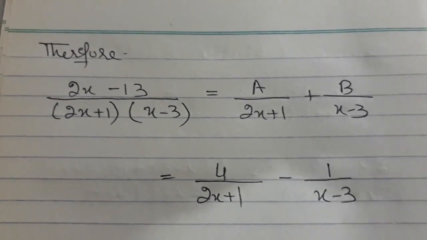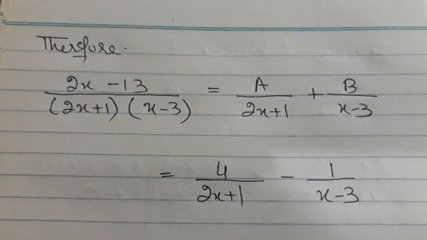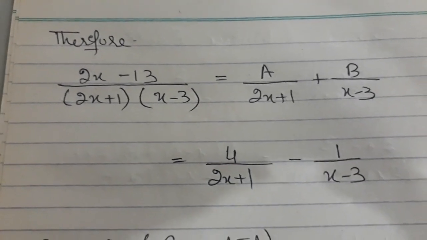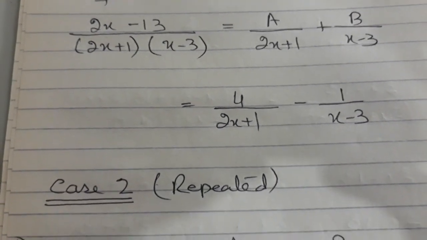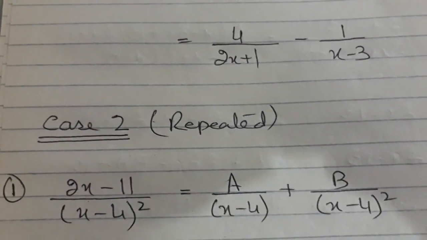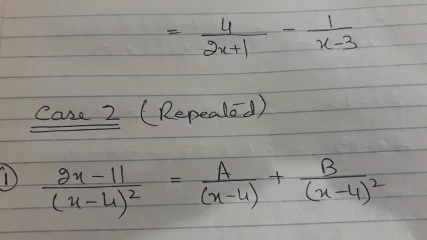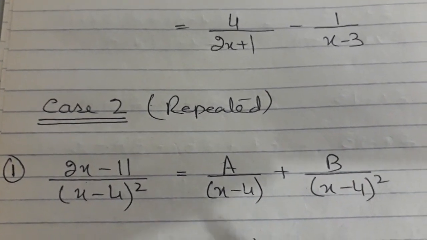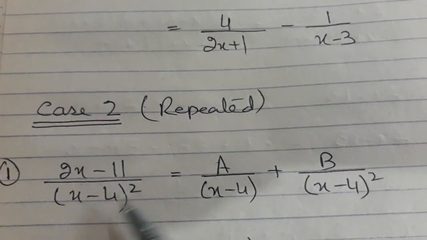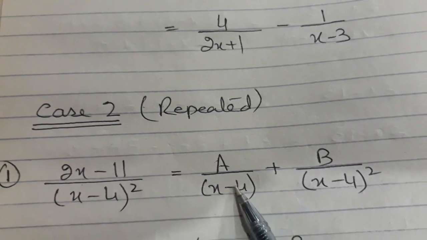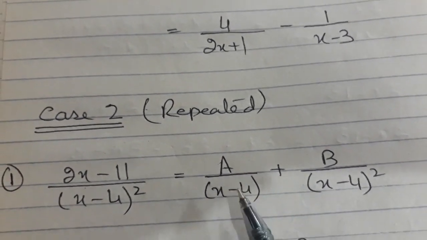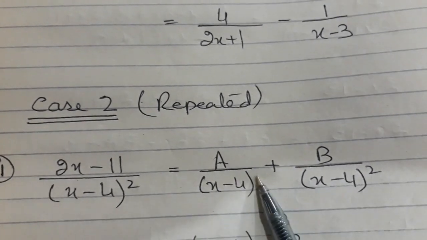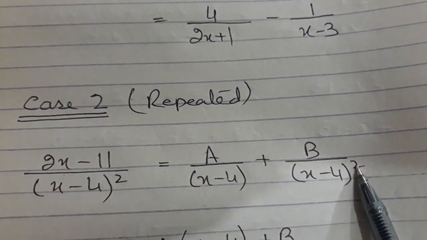I'm repeating: when both the factors are linear, you are decomposing it individually, and on top of each you will write a single letter. Now let's take case 2, which is called repeated. In the repeated factor in the denominator, when you are writing it in split form, you will take the first denominator with power 1, the second denominator with power 2.